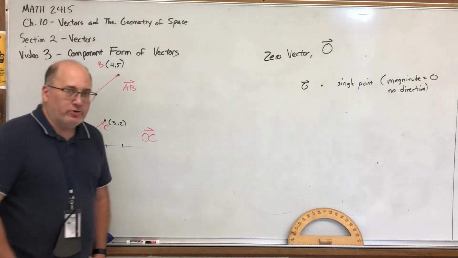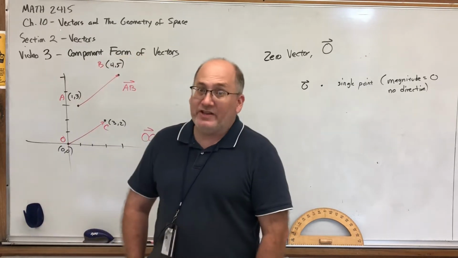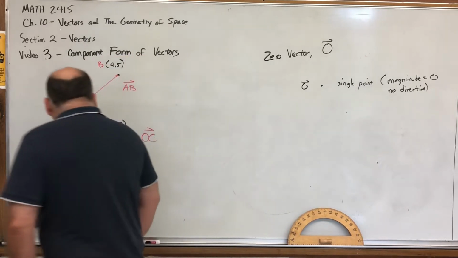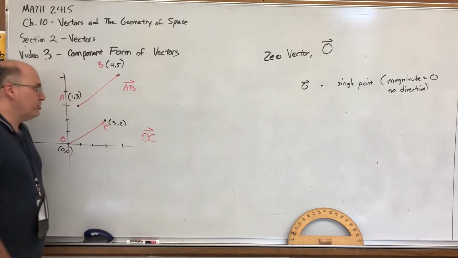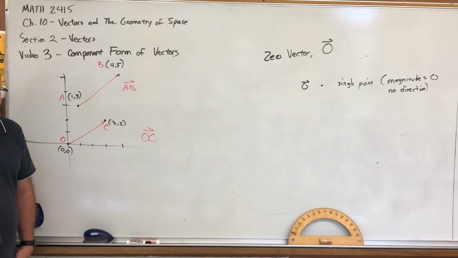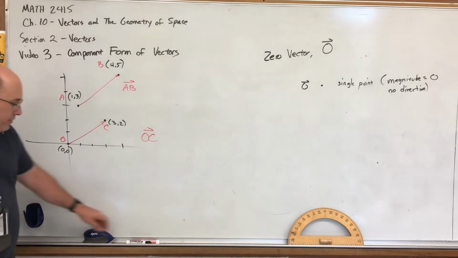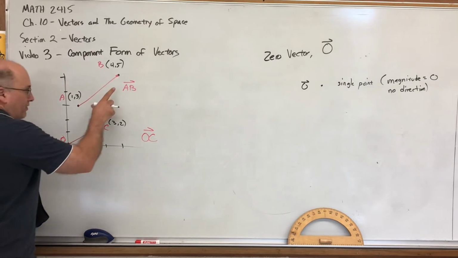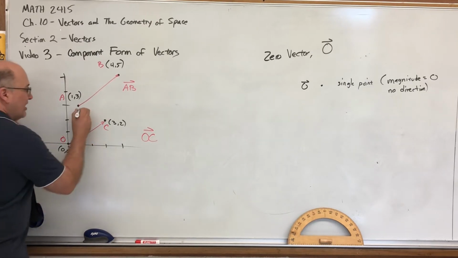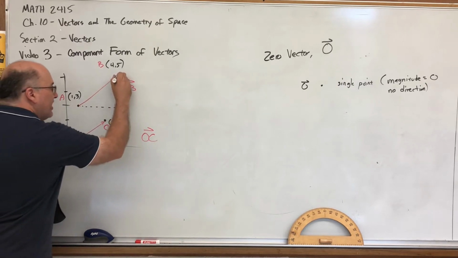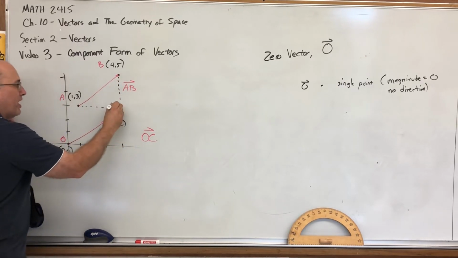But there's a much easier way to say these vectors are equal, and that's to calculate what's known as their component form. Loosely speaking, the component form is almost describing the slope by calculating the rise and the run from one point to another. For example, if I were to calculate the slope of line segment AB, I would calculate the run, which would be the difference in the x-coordinates, and the rise, which would be the difference in the y-coordinates.